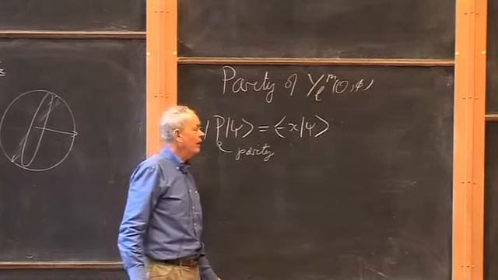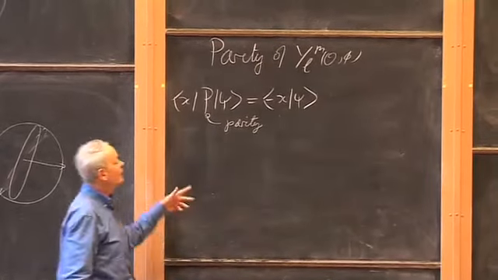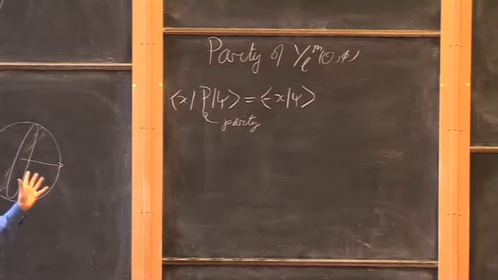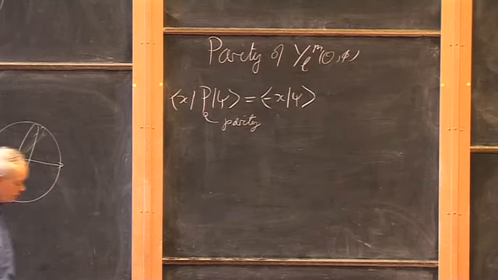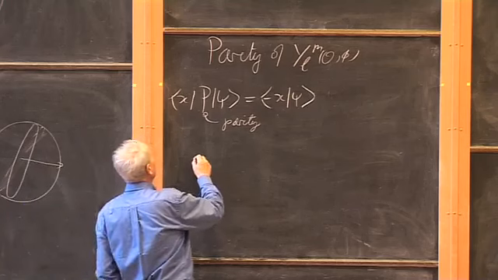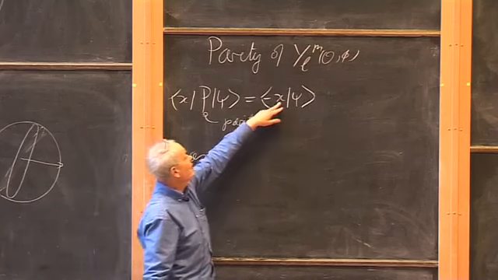And what's more, the parity is minus 1 to the L. So states of different angular momentum have alternating parity. Some are even parity, some are odd parity. And that's what we want to show. Okay. So what we do now is, so this is sort of imagined in Cartesian coordinates.